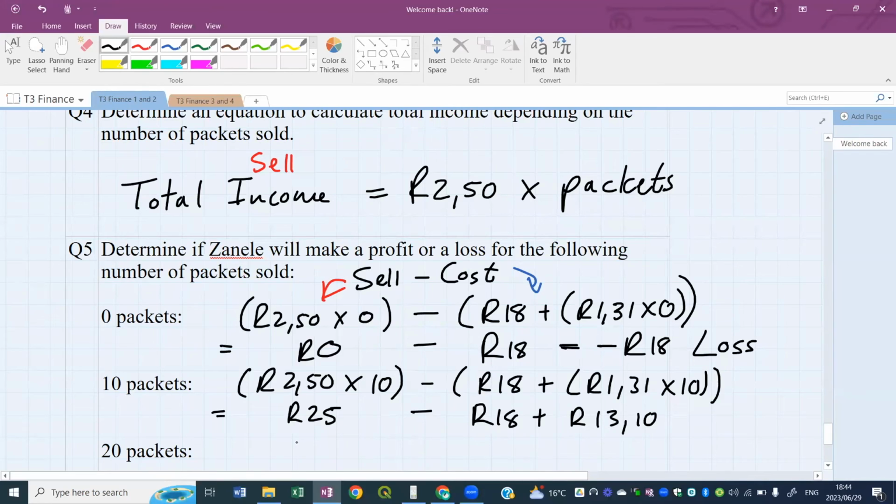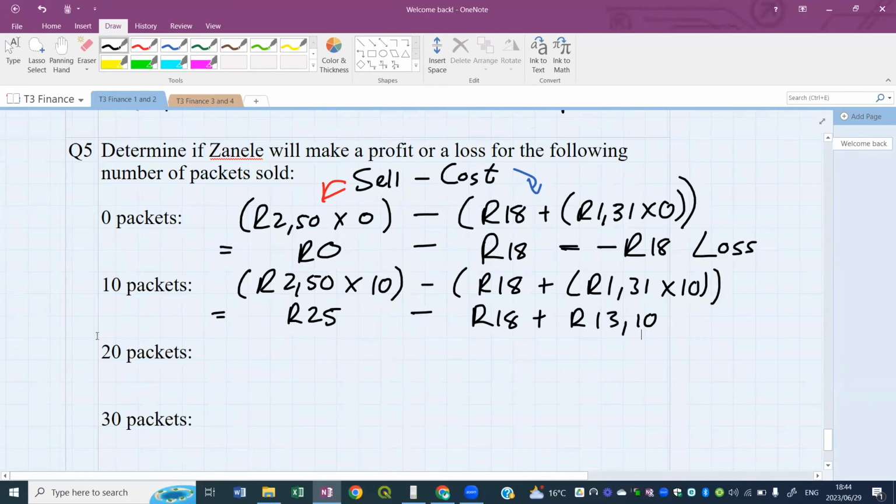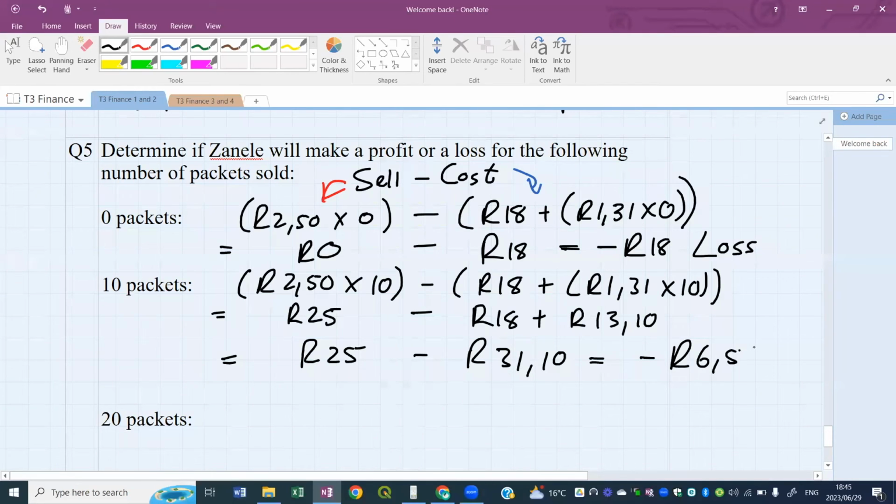So what is 18 plus, let me make some space here quickly. All right, so let's go further. We got 25 Rand minus 31 Rand 10, which equals negative 6 Rand 10.